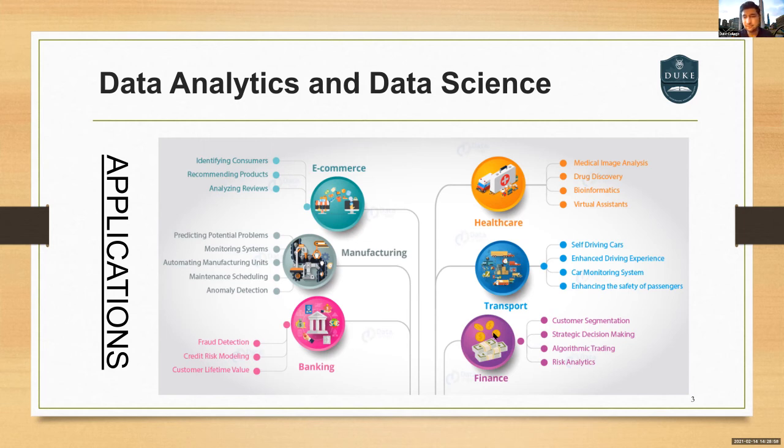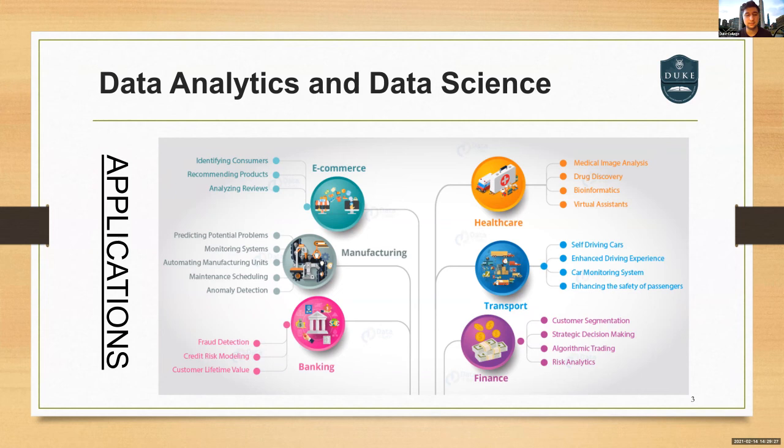In finance, we have customer segmentation, strategic decision making, algorithmic trading, risk analytics. These are all examples of data analytics and data science that nowadays all the financial companies are dealing with, and it's very demanding.